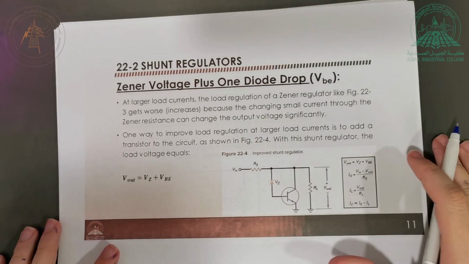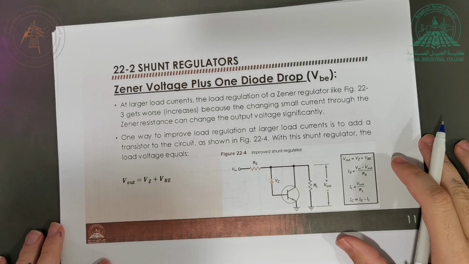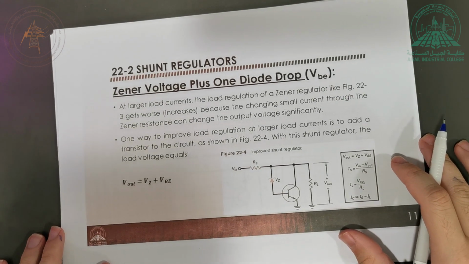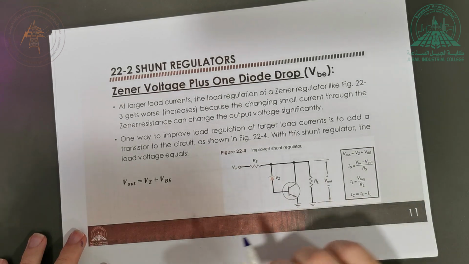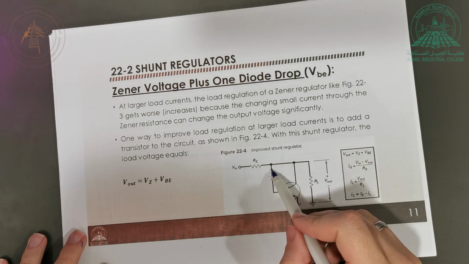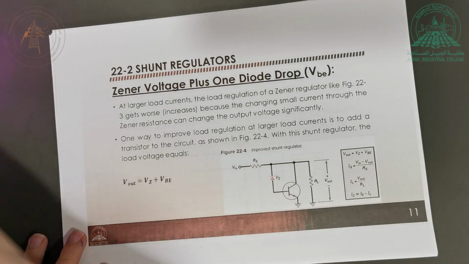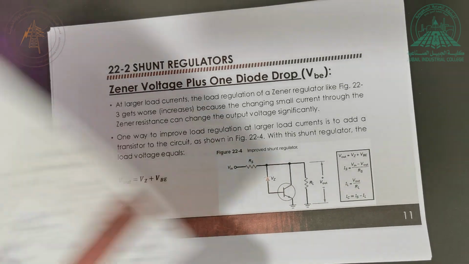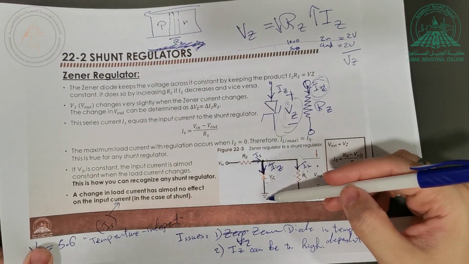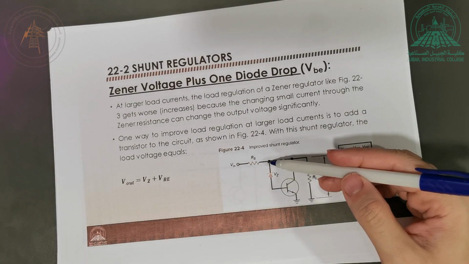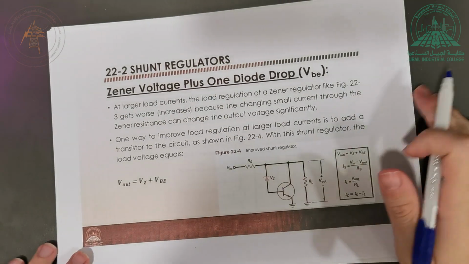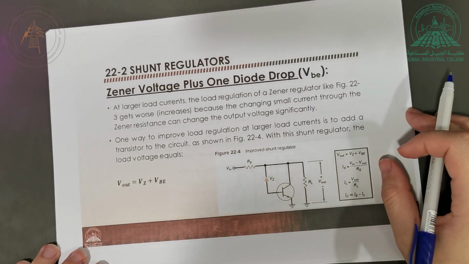The first issue is to solve the issue of the current. Okay, so what is the difference in this case? The difference is, instead of connecting the zener diode to the ground directly like that, here it is connected to the base of a transistor and then goes down.